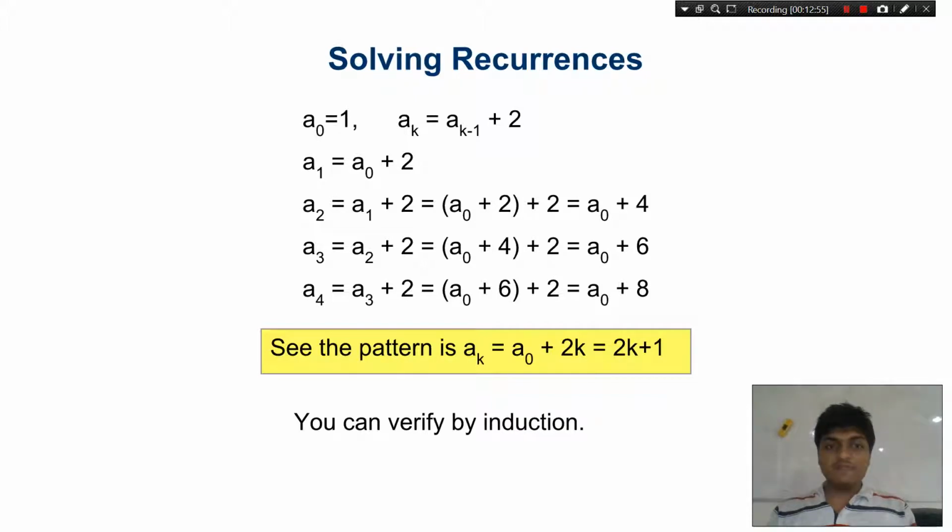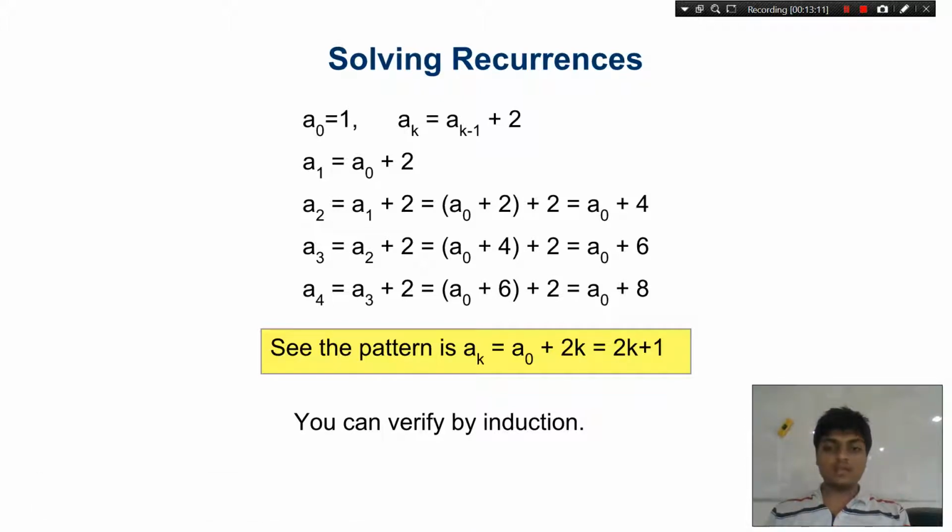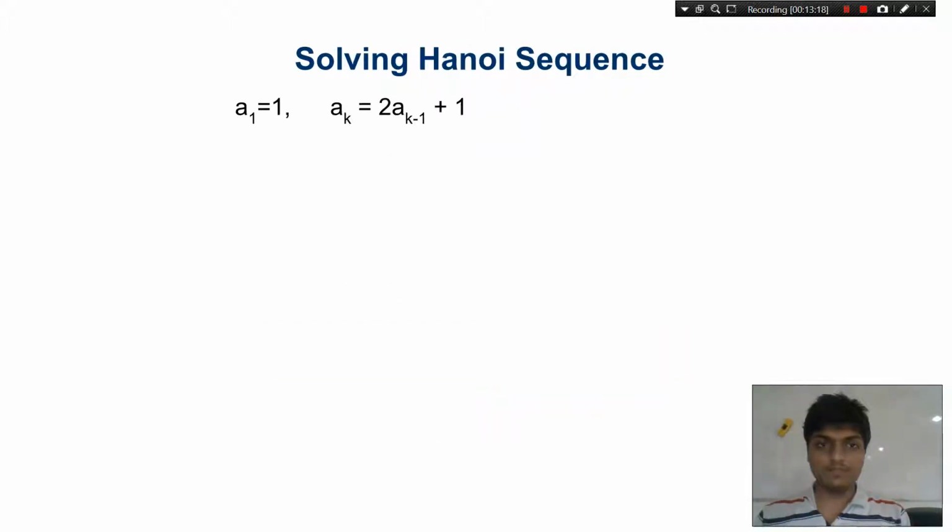So here we just identify the pattern. So it's very clear that for the nth step we are adding 2 times n to the base case, right? So ak is given by 2 times k plus 1, and this can be verified by induction as we have shown earlier.